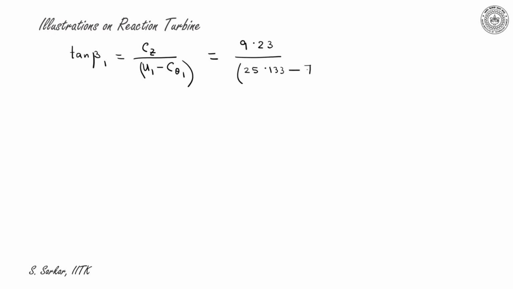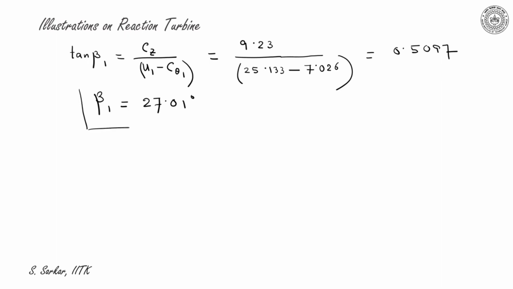Now, I'll have to calculate beta 2. Similarly, beta 2 can be given by tan inverse Cz divided by U2.